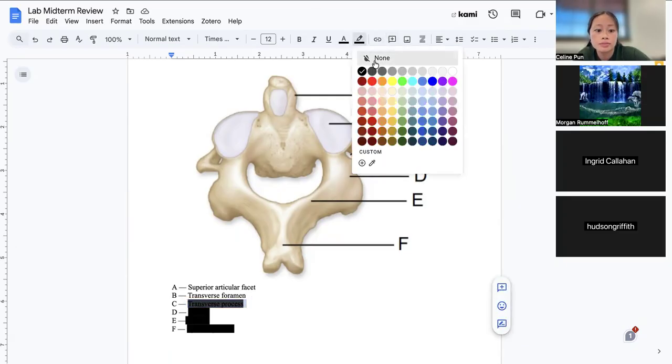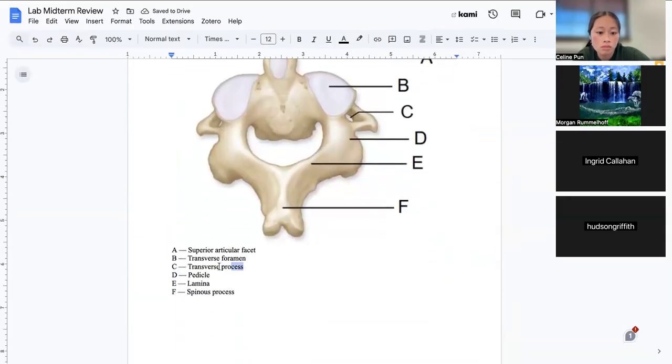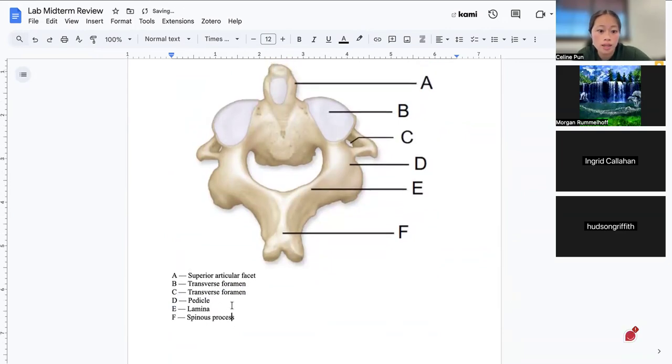Okay. D is the pedicle, E is the lamina, and F is the spinous process. Let's see what B is.